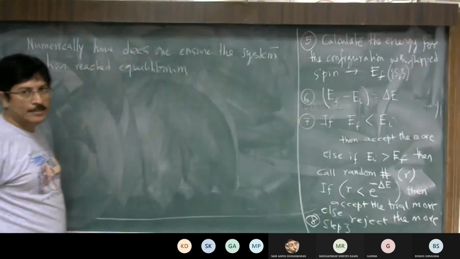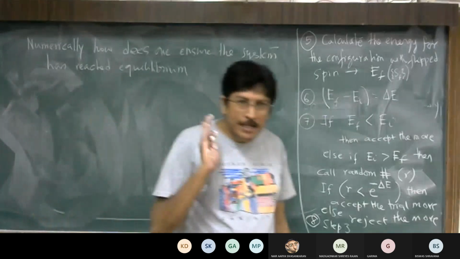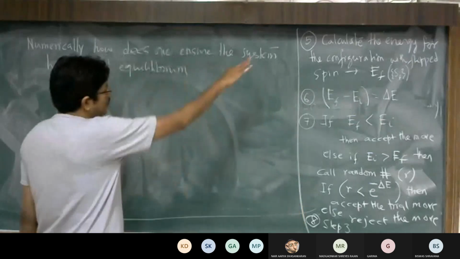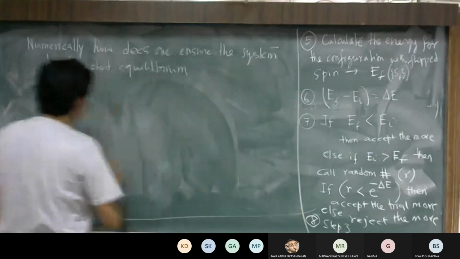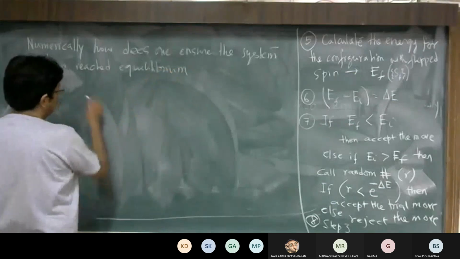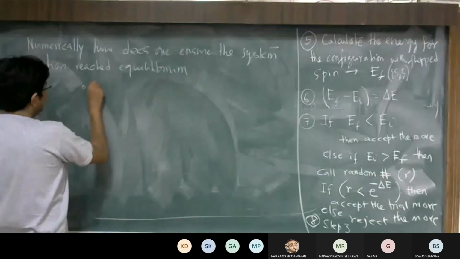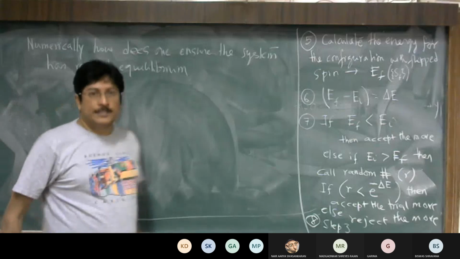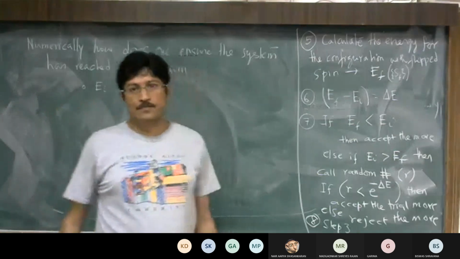This question can be answered. One of the very clear-cut, unambiguous ways is to see: you started with some initial configuration, and at that time you calculated whatever was the total energy for this particular sample.